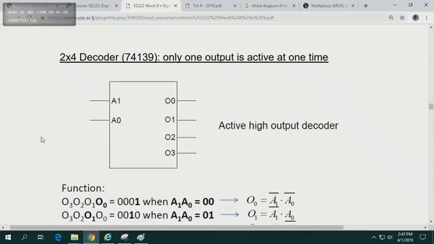Blue means accelerate. Green means go, red means stop, and orange means slow down. So at any one point in time, you can only turn on one light. You can't obviously turn on red and blue at the same time. Only one is allowed to be on at one point in time.